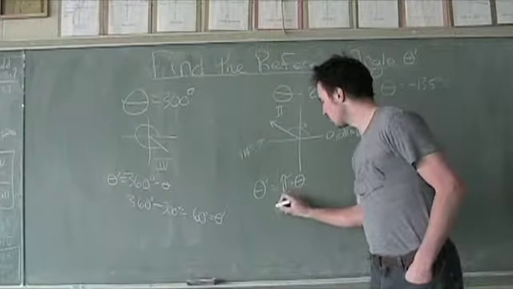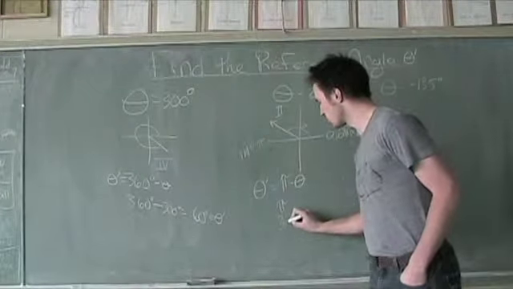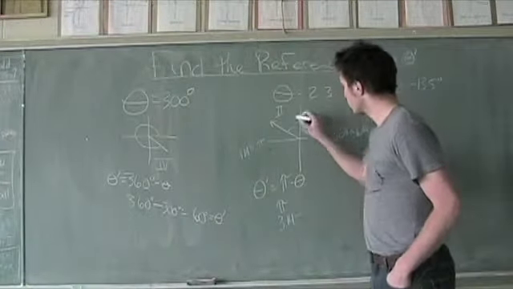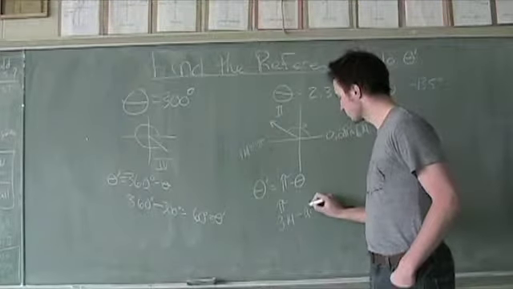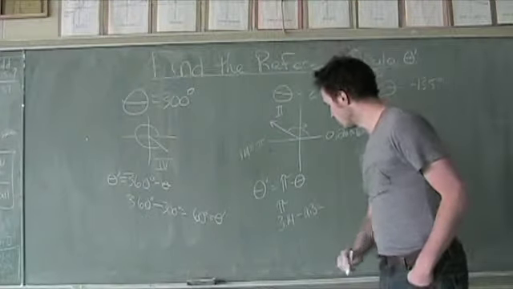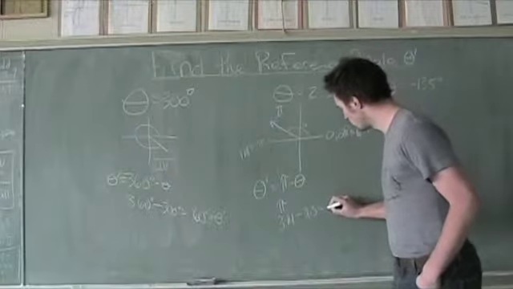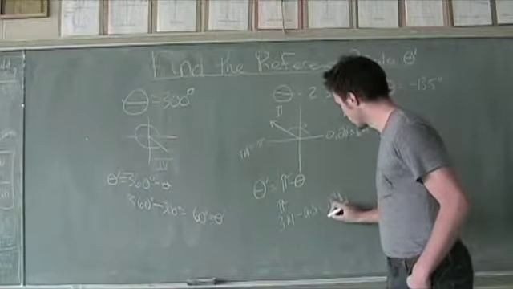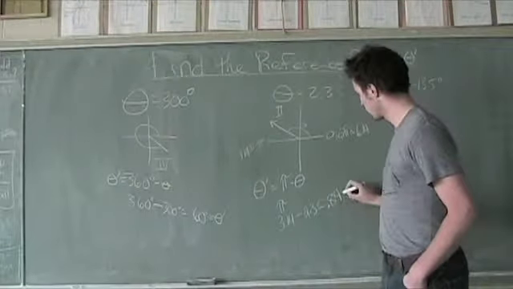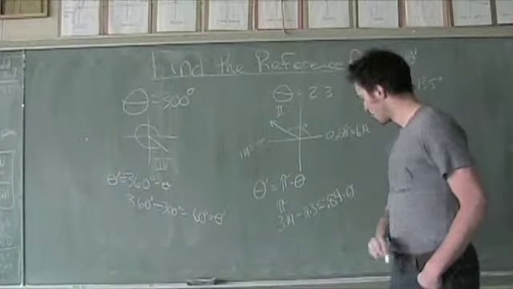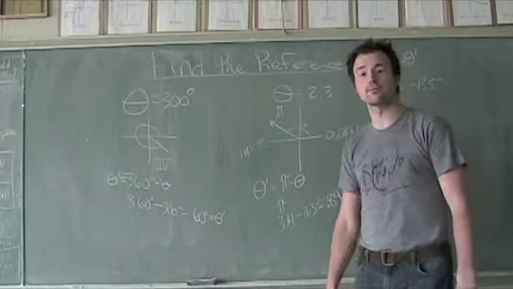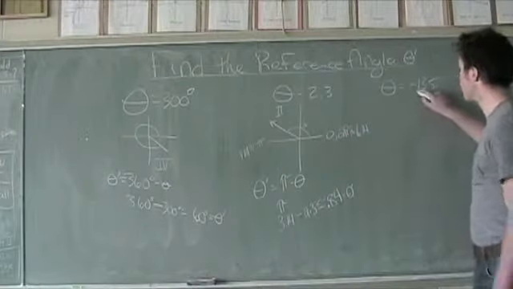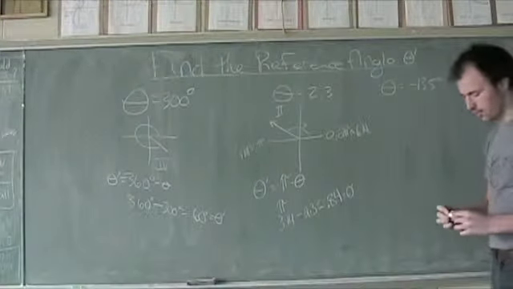Pi, which we'll approximate at 3.14 for this example, minus our theta value of 2.3, leaves us with theta prime of roughly 0.84. So it's just as easy as that, recognizing which quadrant we're in. Using that, let's go on to our third and final.